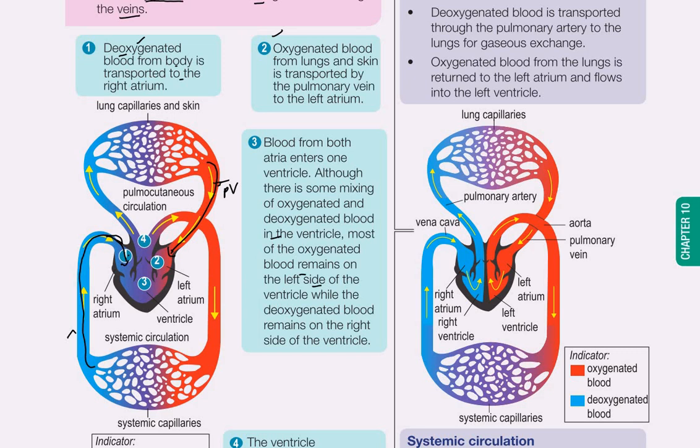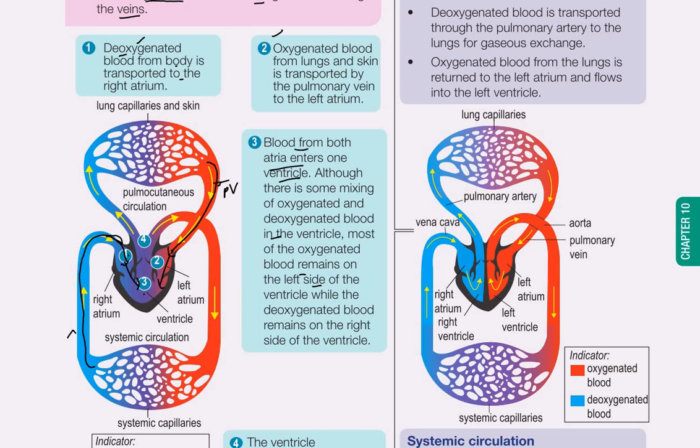So blood from the right atrium and left atrium will both flow to the ventricle. They will mix together here in the ventricle. So that's why blood from both atria enters one ventricle.